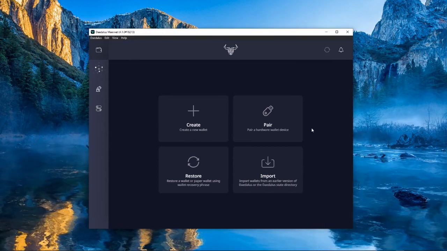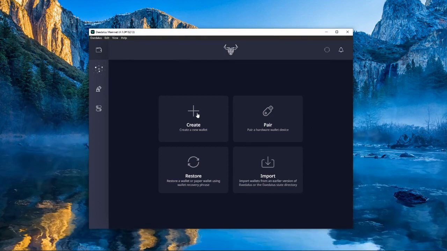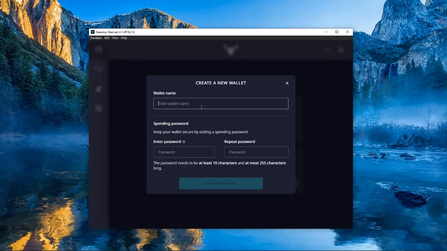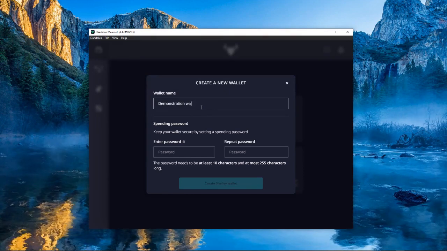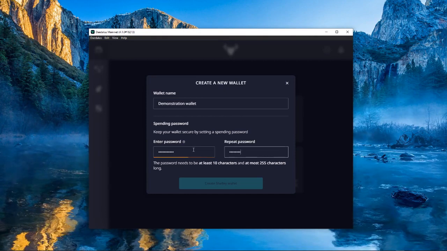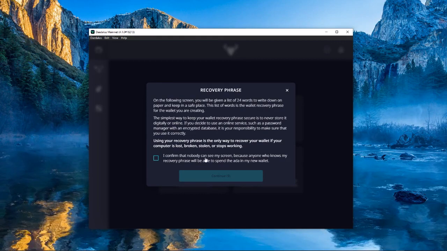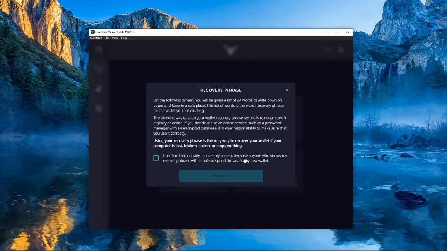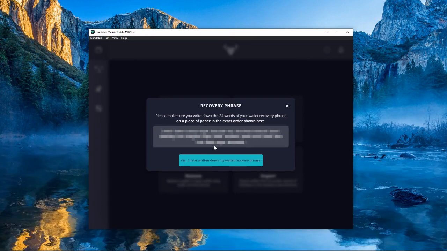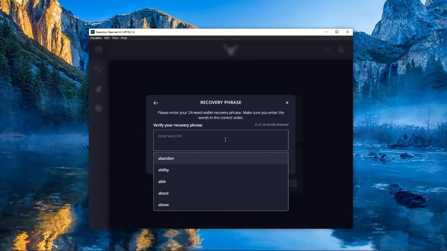So while we're waiting for the blocks to synchronize, we will create a Cardano wallet. We click on create, enter a wallet name, a password, and we confirm that nobody can see the screen. Write down this recovery phrase. After you've written down your recovery phrase, you click this and type it in.